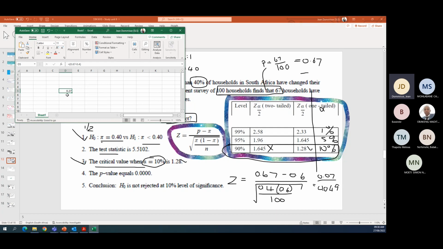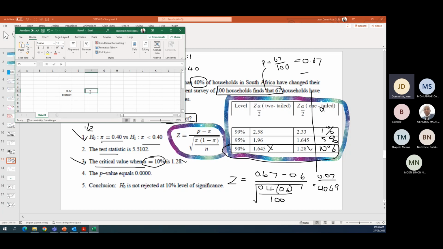So that would make a big difference. I used 0.6 instead of 0.4. It's easy to make that mistake, which I did, and that can influence your whole answer in the end of the day.